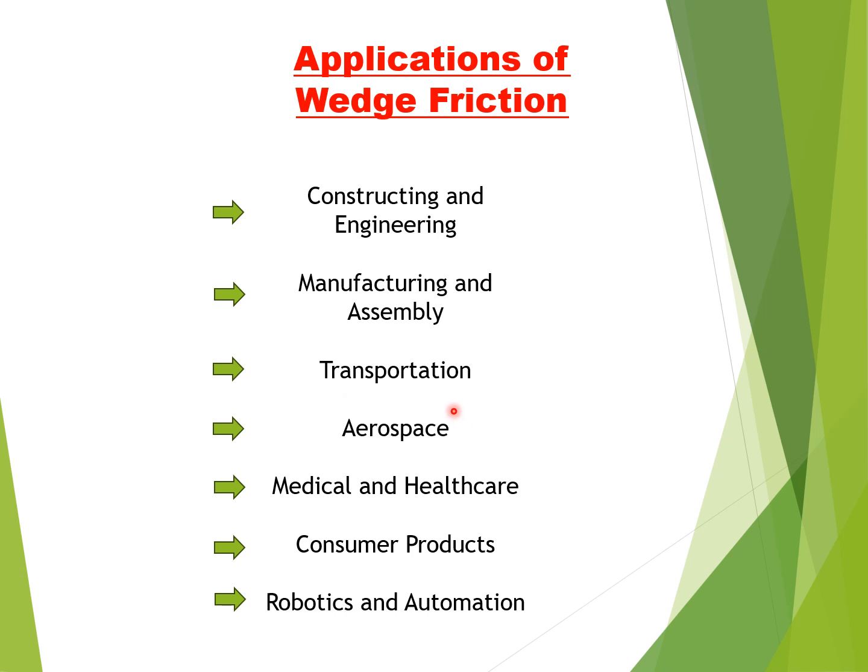Next is transportation. Wedge friction is utilized in various aspects of transportation to enhance safety, stability, and efficiency. For example, it is used in braking systems. Wedge friction is used in certain braking systems such as mechanical brakes on trains or vehicles.